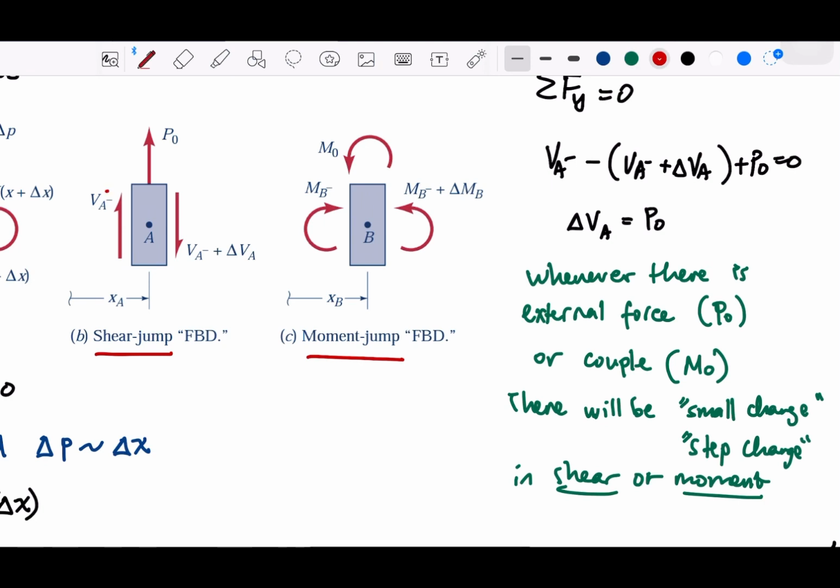Okay, this negative, if you're wondering, negative means left side, okay, internal shear force to the left of X, or XA, let's say XA.